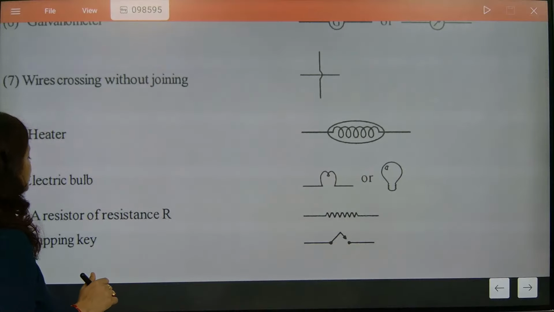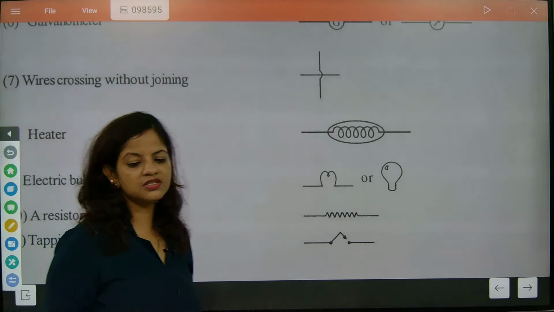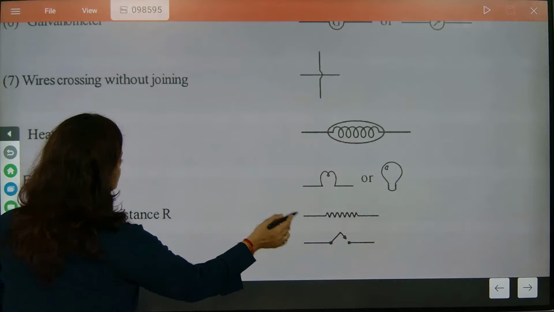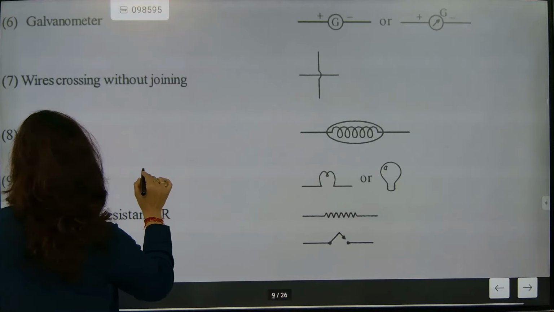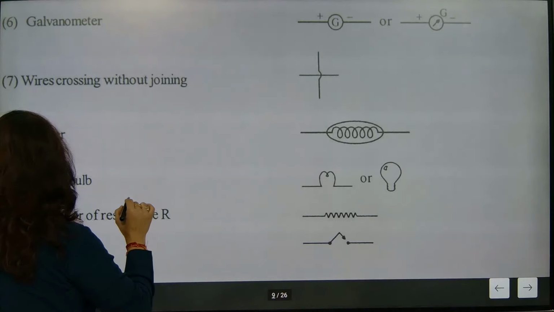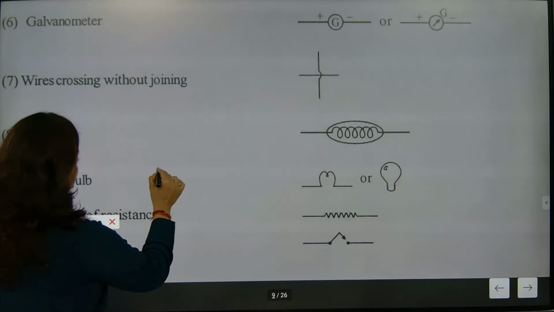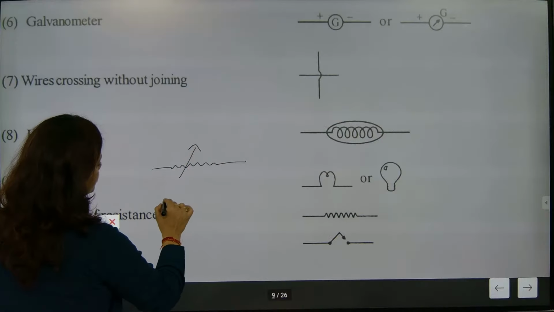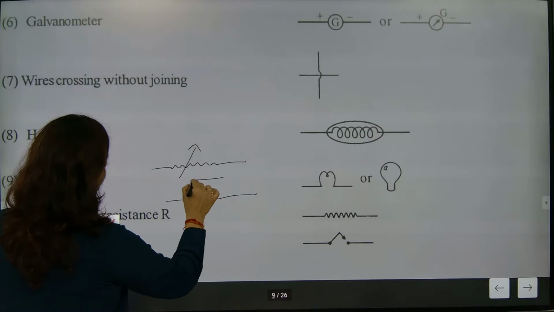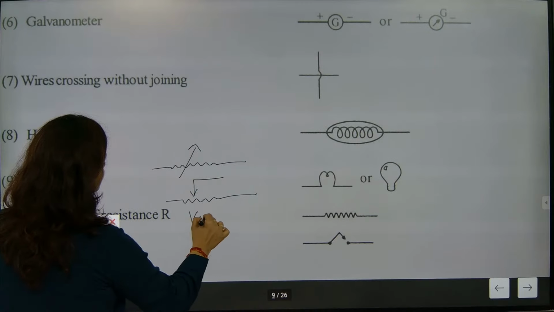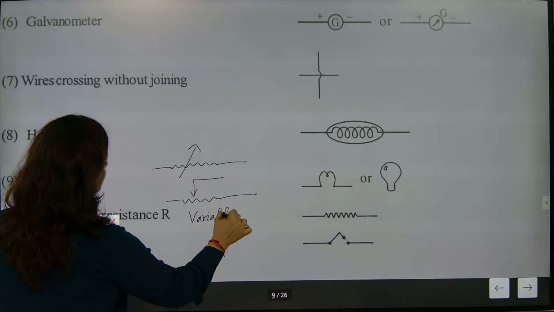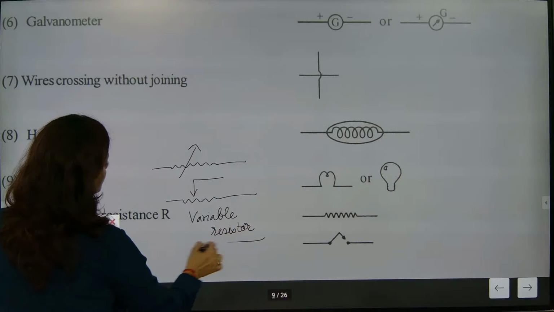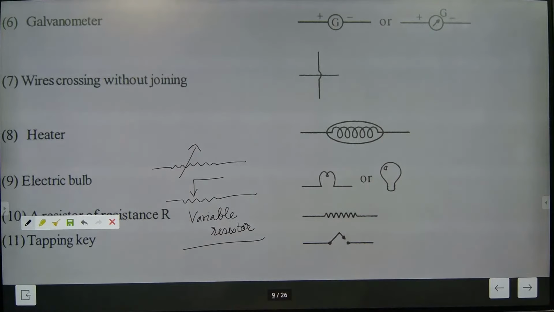There are two different types of resistor: fixed resistor and variable resistor. Please remember that. Fixed resistor is this one. A variable resistor's resistance can change. Variable resistors can be drawn like this or like this. This is called a variable resistor.